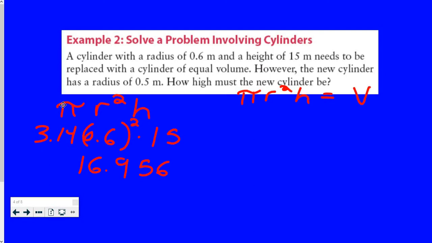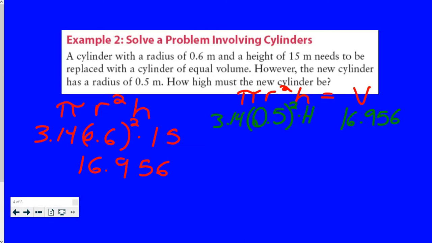So let's plug this in using our new volume. We know that the volume is 16.956, and we know that pi is always 3.14. That's a constant. We know that the radius is 0.5 squared. We don't know the height, so we're going to keep that as h.